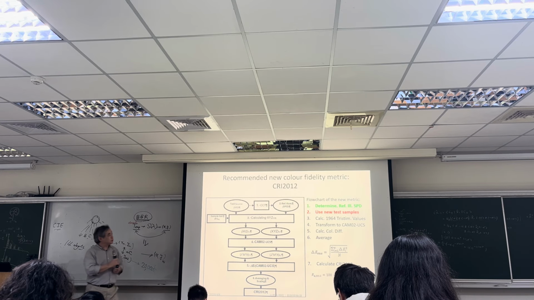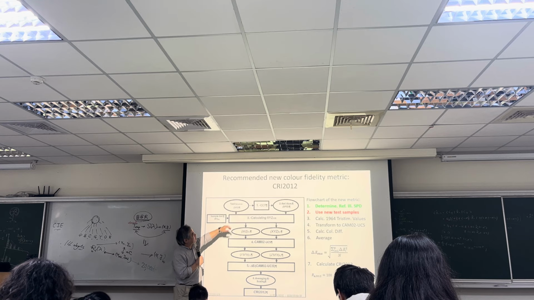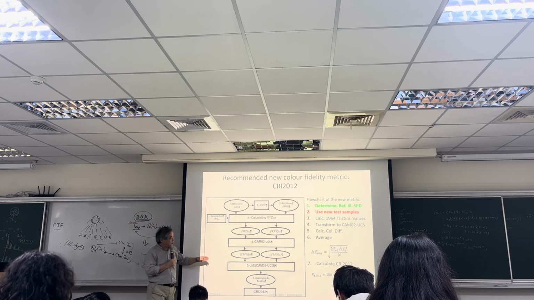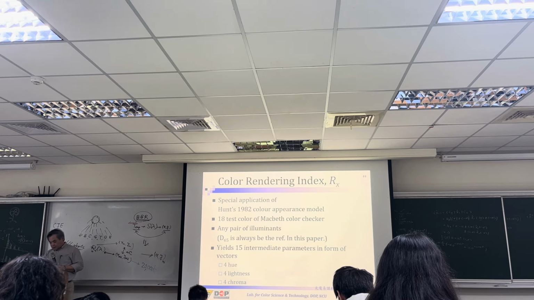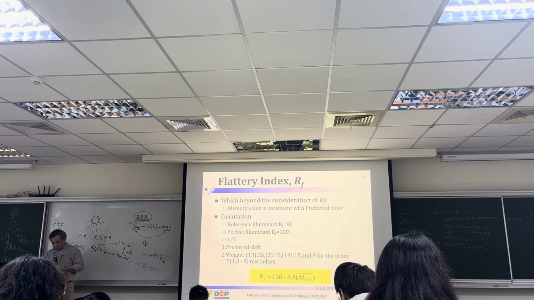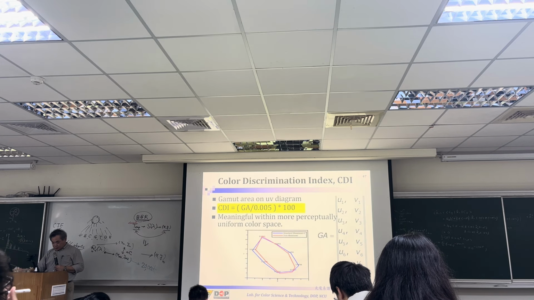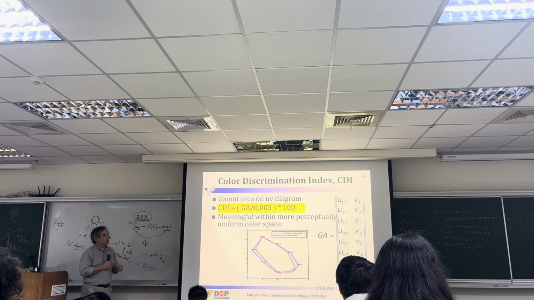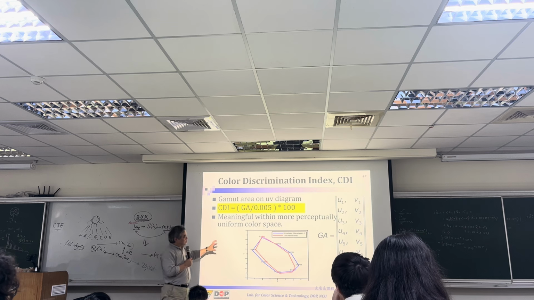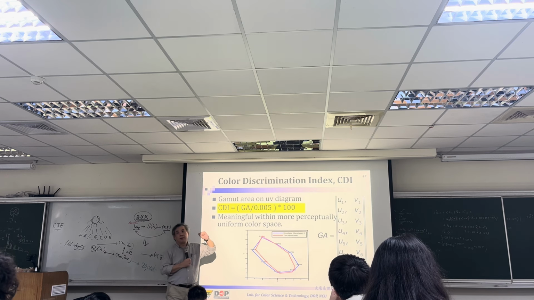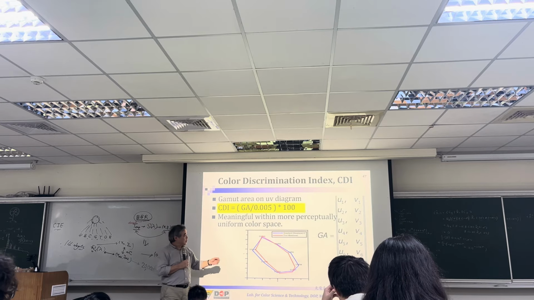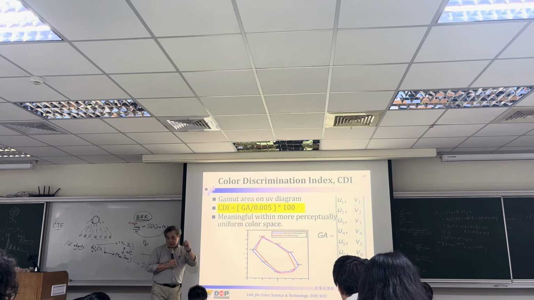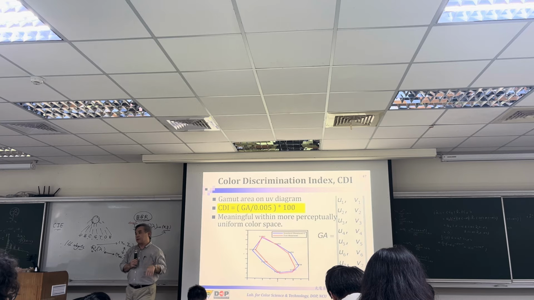Okay, I talked too much. This is color fidelity, where we calculate the color difference. There are many other methods to calculate based on preference. You don't just test by spectrum calculation, you test by whether people like it or not.